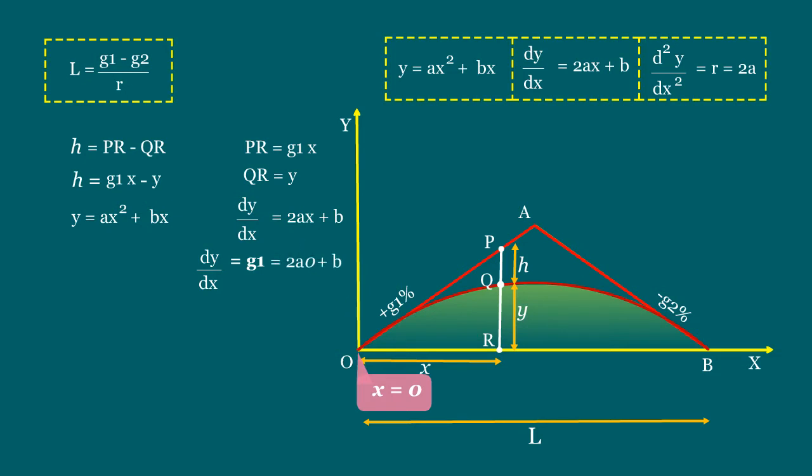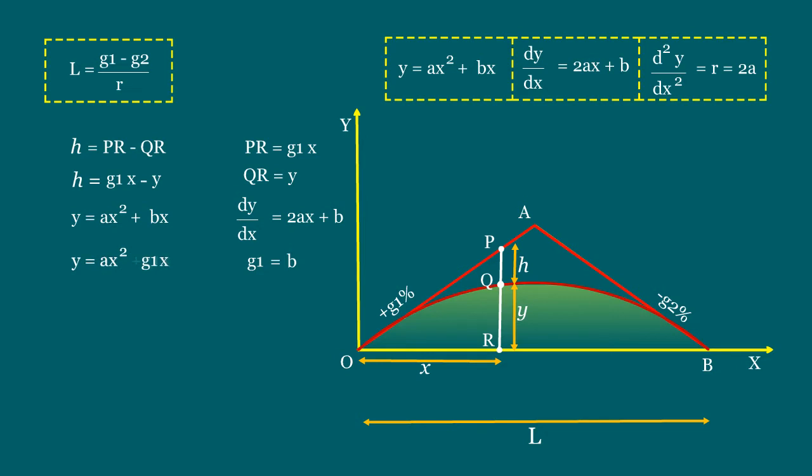Finally, g1 equals plus b. Let us substitute this value of b in the general equation of the parabola to find the value of y. That is, y equals ax square plus bx. Here, the value of b equals g1. That means y equals ax square plus g1x.